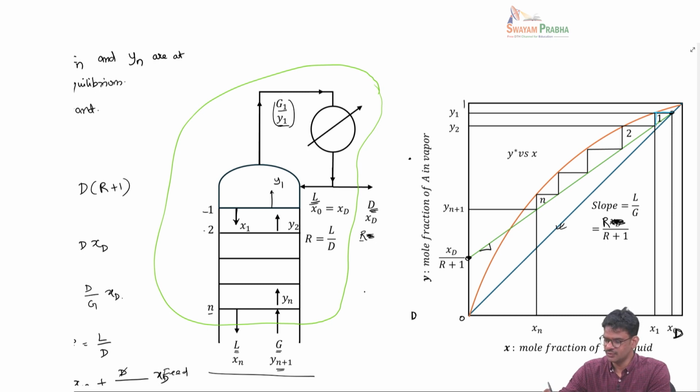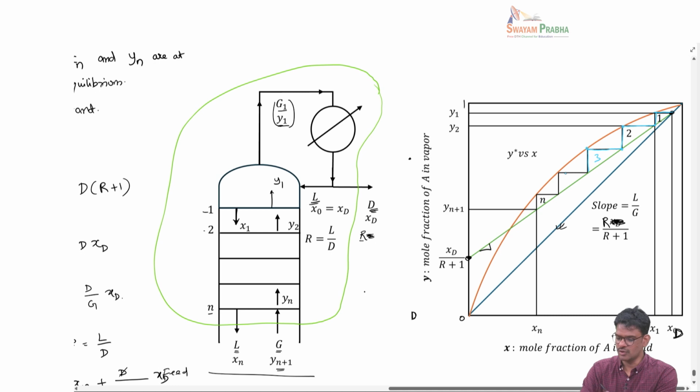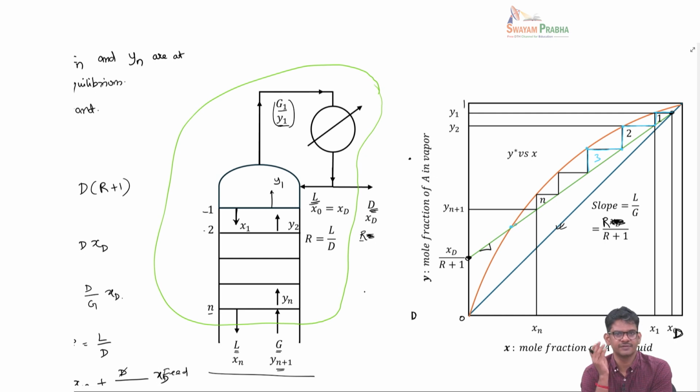Then from this operating line go horizontally, reach the equilibrium line, and from there come down to the operating line, that is stage 2. From the operating line, go horizontally, touch the equilibrium line, and come down, and that is your stage 3. Then you continue all the way to this point, and that would be the number of theoretical stages for the enriching section.